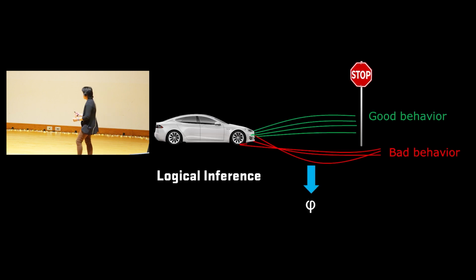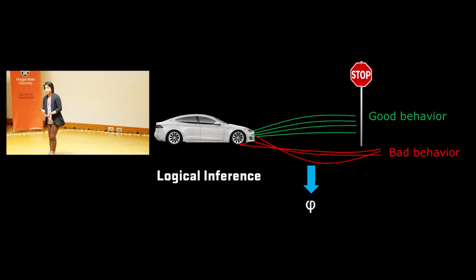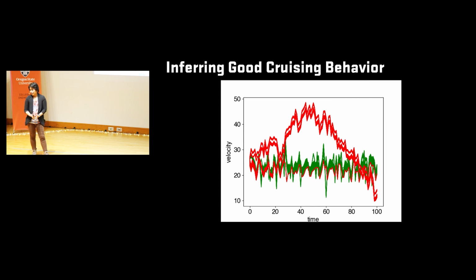So let's go back to this problem of logical inference. How can we discover the implicit formula of the existing systems that we have so that we can use it to do all those things I mentioned and make a better system? For example, can we develop a logical inference method that can distinguish between good and bad cruise control behavior?